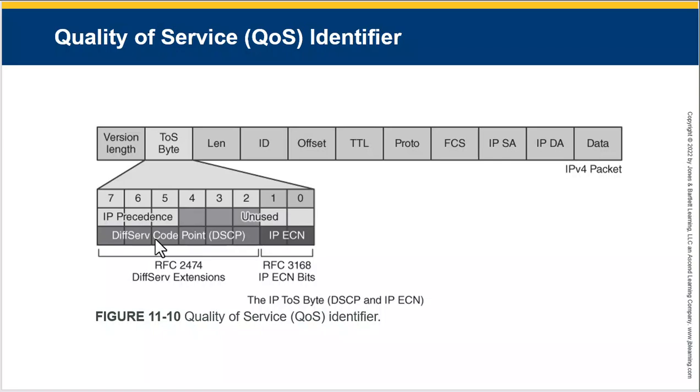So that would be like backups over a network, something like that, that you don't really care if it takes an hour to complete. It's not high priority. If there's a 24 here, then that means it's medium priority, and that would be, again, your business critical applications, your accounting information, stuff like that. If there's a 46 here, then that's going to indicate expedited forwarding, and that's going to be your highest priority traffic.